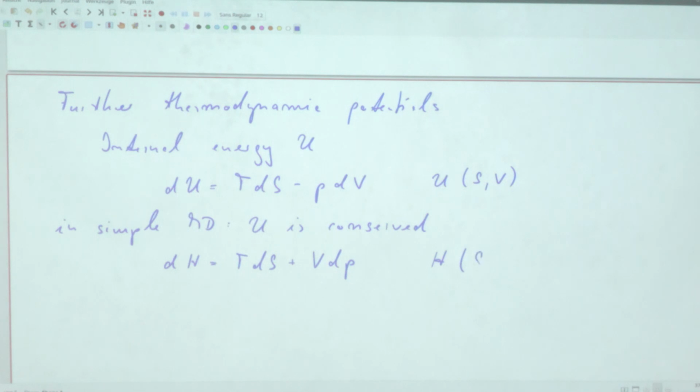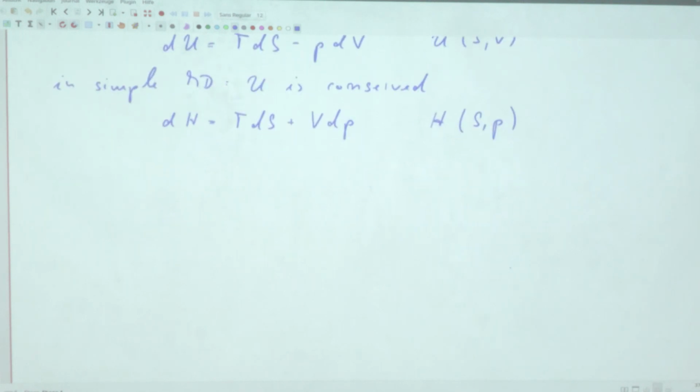So H is a function of S and P. But again, it's experimentally normally not a good idea to try to control the entropy in a system. Experimentally, what we do is to control the temperature. Temperature and pressure, or sometimes temperature and volume. So we have to somehow get rid of this T dS term and get an S dT term, as you probably know.